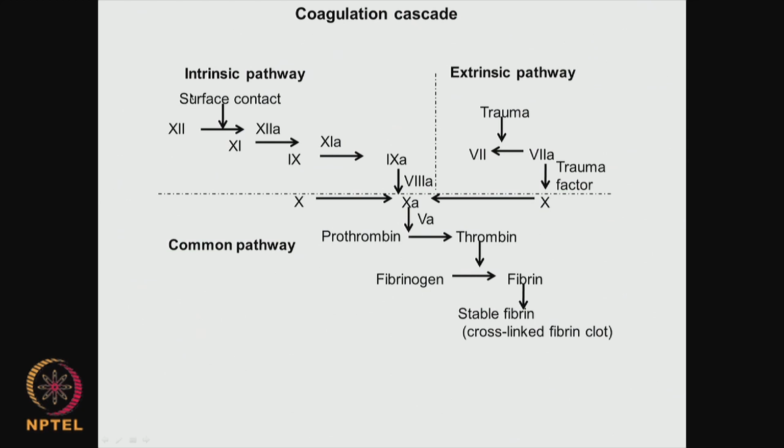Okay. One is called the intrinsic pathway, the other is called the extrinsic pathway. So, there are two pathways through which you have factor 5a happening, which catalyzes the conversion of prothrombin to thrombin, and thrombin is the main enzyme which converts your fibrinogen to fibrin, and which leads to the formation of stable fibrin, which in colloquial terms we call blood clot.